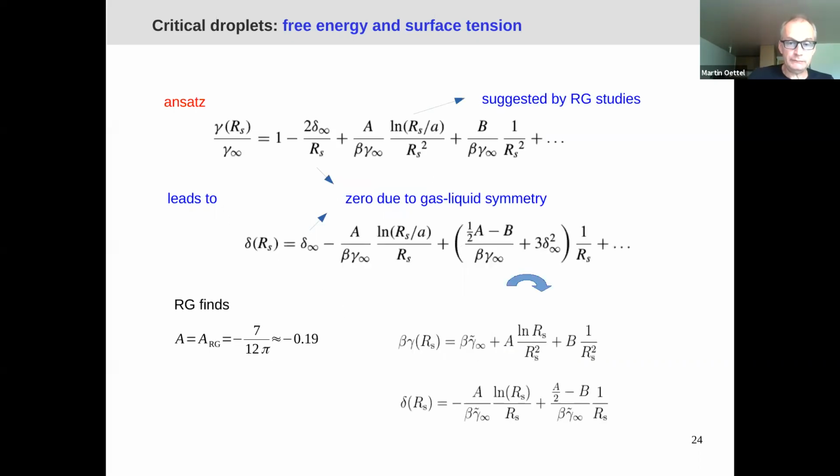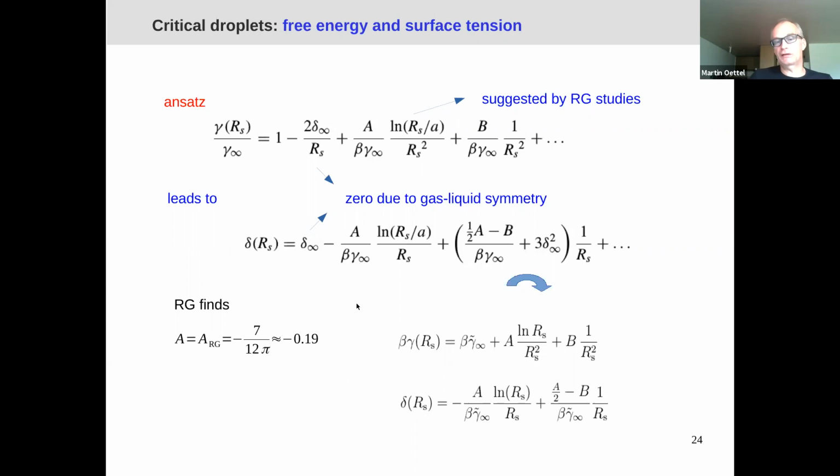So what you have to do is come up with a useful expansion or functional form for, say, the surface tension or the Tolman length in terms of the radius of the surface of tension. And then this Gibbs-Tolman-Koenig-Buff equation can be used to get the other quantity out of the first quantity.